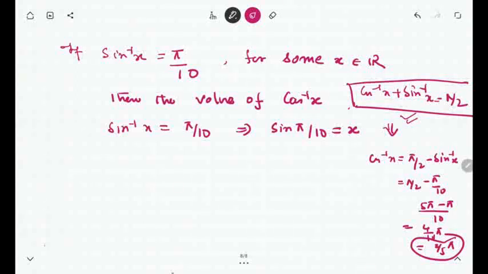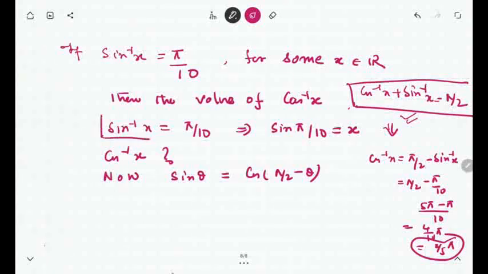We have sine pi by 10 is equal to x, and we want cos inverse x. Sine of theta we can write as cos of 90 minus theta.